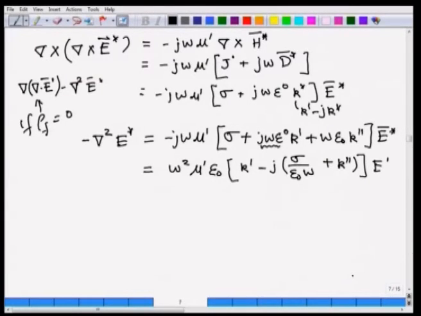So, what do I see? I see this as some complex dielectric constant times E, and now from this wave equation, a minus sign here, we can recognize this quantity as being equivalent to the permittivity in free space.